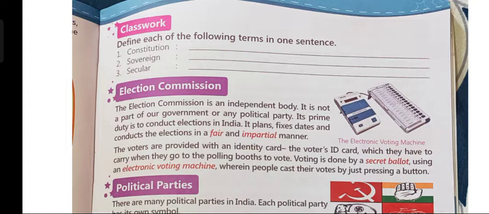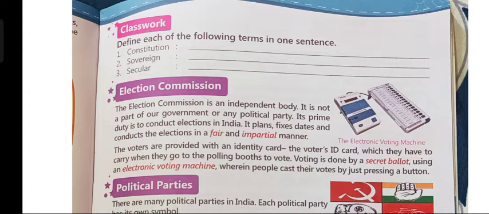Now, children, for participating in elections, voter ID card or identity card is very important. If you have voter ID card, then only you will be allowed to vote. So all the voters have to carry or bring their voter ID card on the day of election to the polling booth to vote.